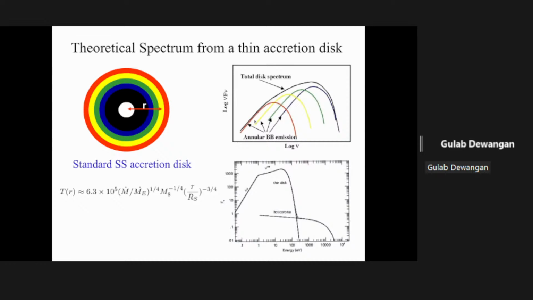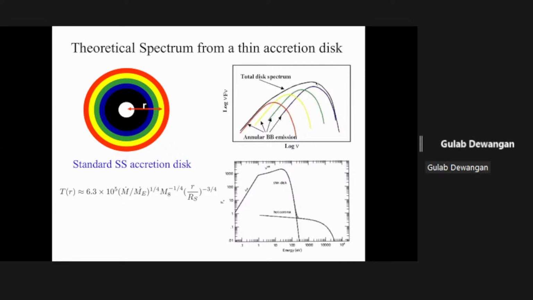So that's the typical theoretically predicted accretion disk spectrum. Of course, this does not account for general relativity and all that, but this is the simplest thing one can do in a little bit of time.